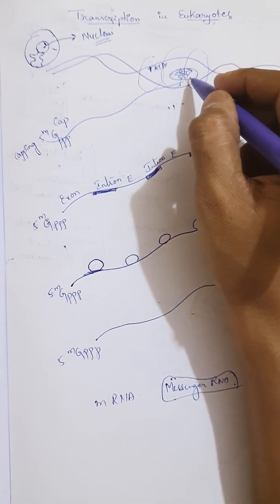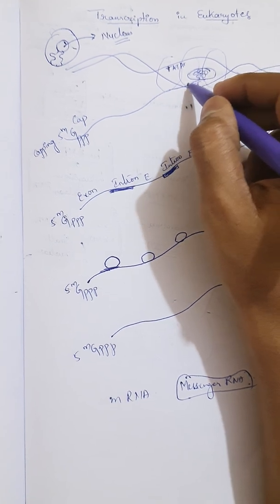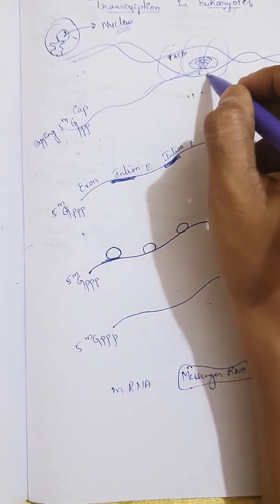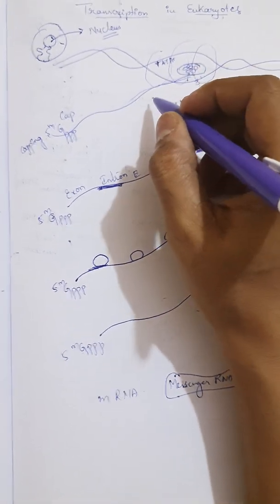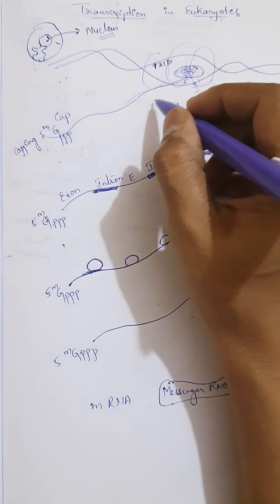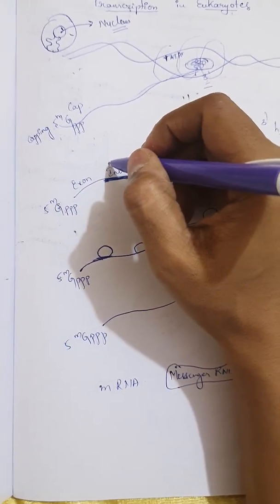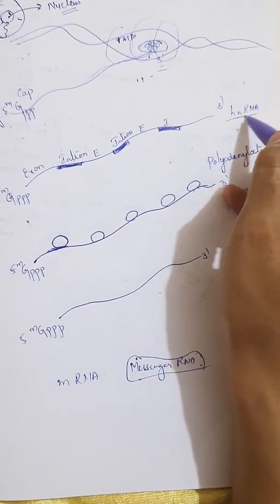So the newly synthesized strand, as in the prokaryotes also, comes out in the 5' to 3' direction. Now the interesting point here is, when it comes out, it does not immediately synthesize proteins. Why? Because it is forming an hnRNA. What is hnRNA?